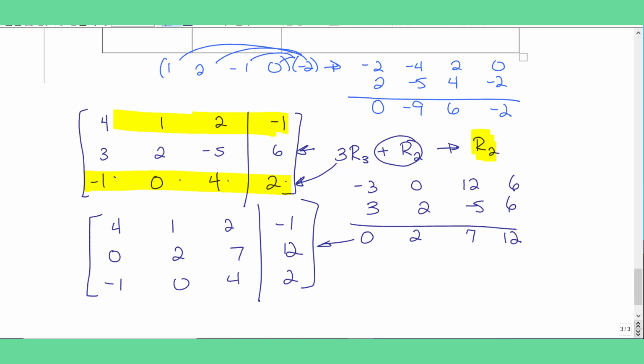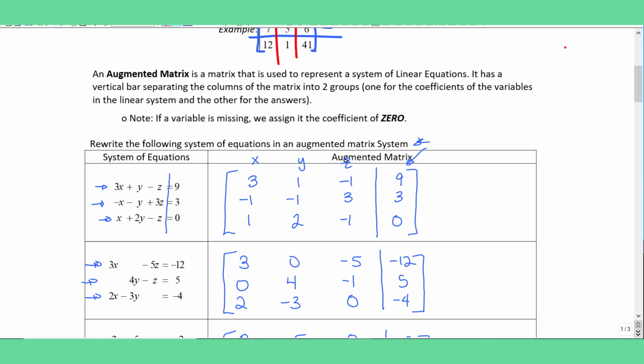Well, again, if we're going for row echelon form, which we're not right now, so don't panic, we would want to have 1s on this diagonal, but 0s everywhere else. And those are the 3 objectives that I want you to be able to do for the next test. I want you to be able to rewrite a system of equations in an augmented matrix form.